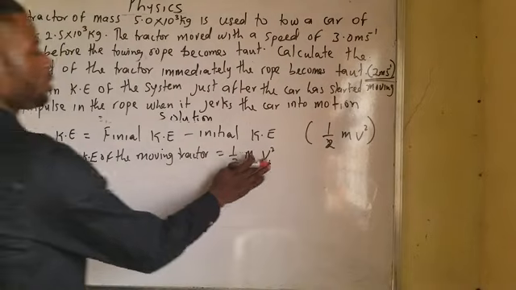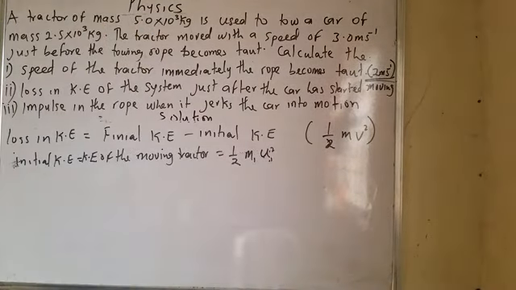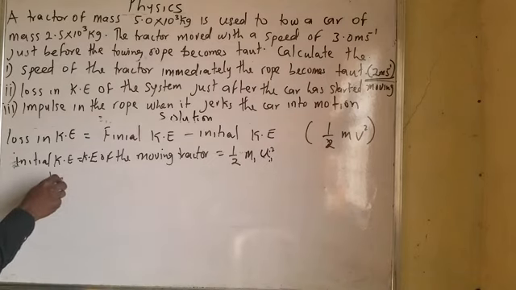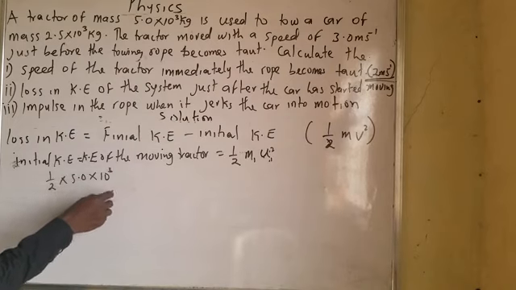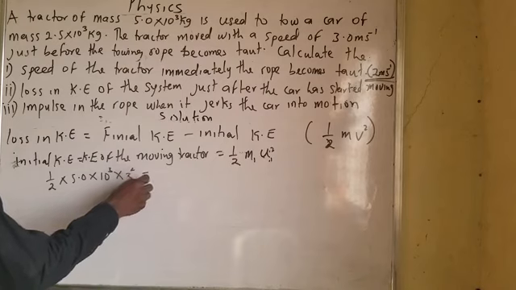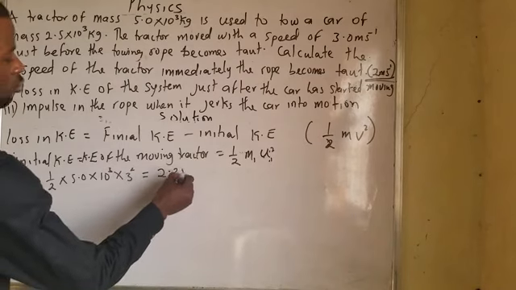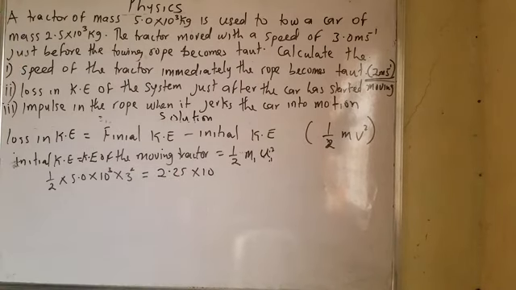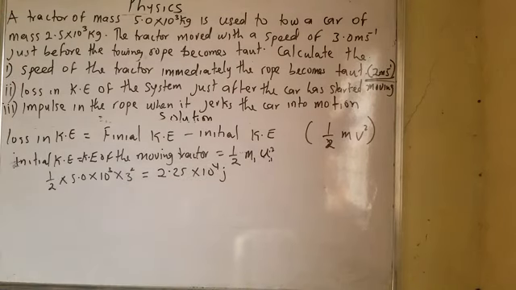I'm not using v, I'm using u squared. Now, I'll have 1/2 multiplied by 5.0 multiplied by 10 raised to power 3 multiplied by 3 squared, which will be equal to 2.25 times 10 raised to power 4 joule.